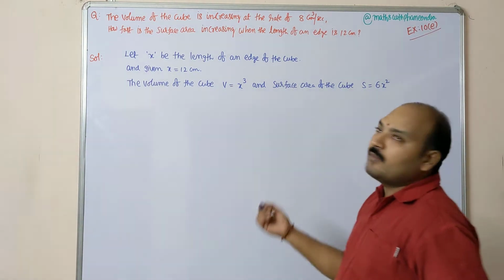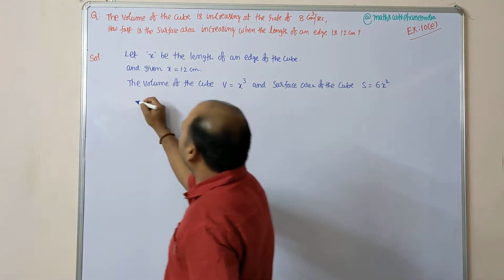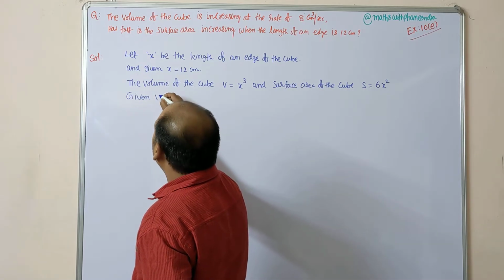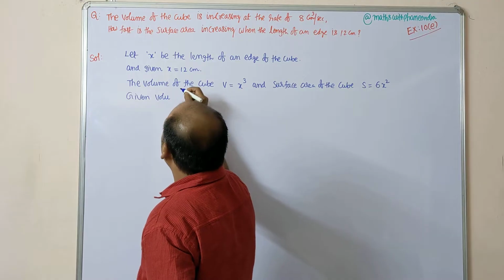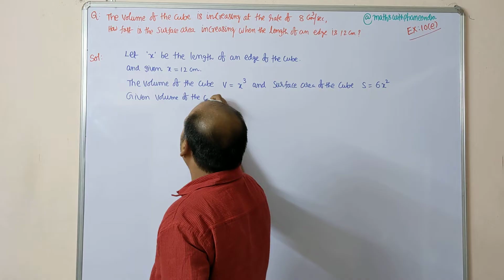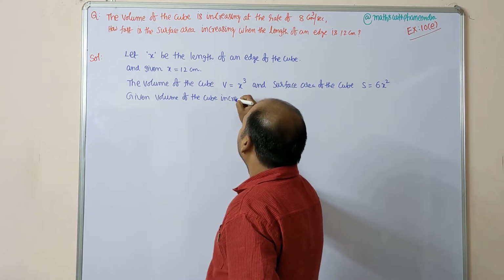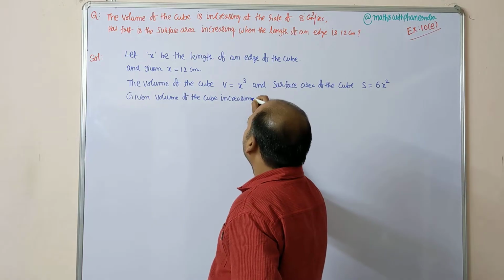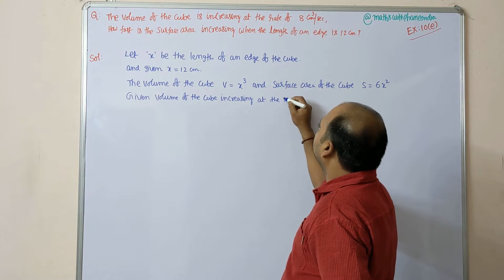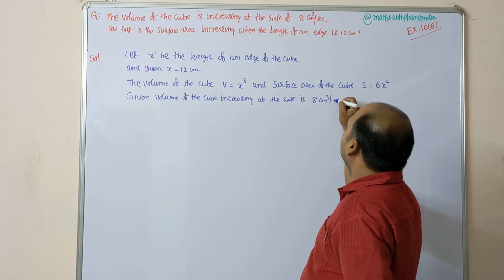So one given information is what? The volume of the cube is increasing at the rate of 8 centimeter cube per second.